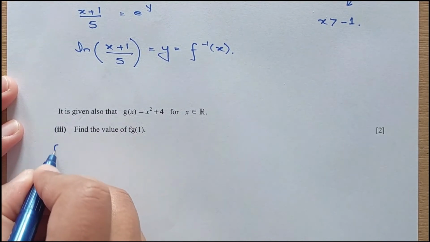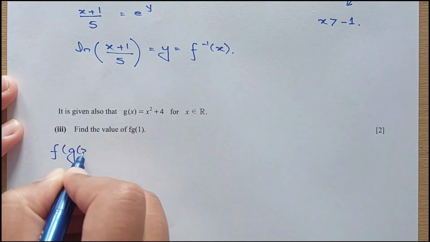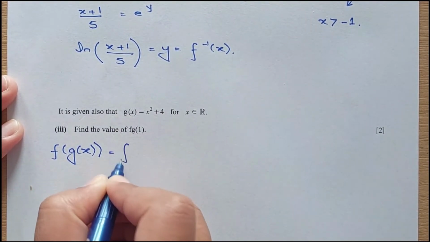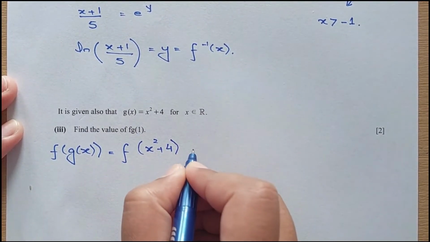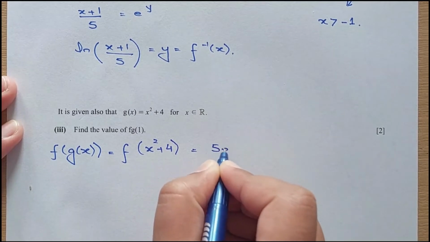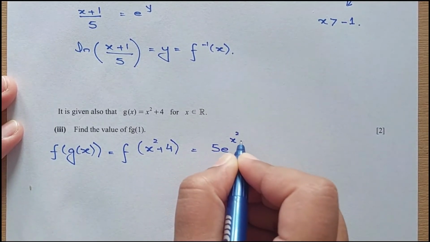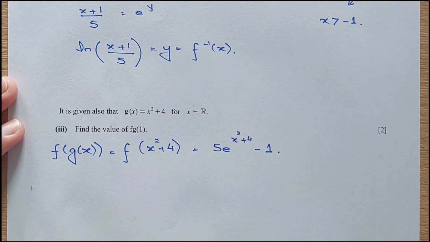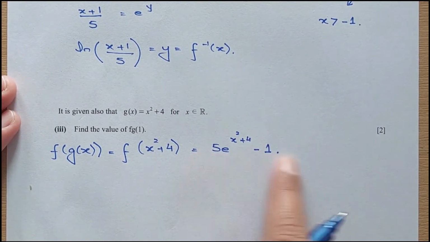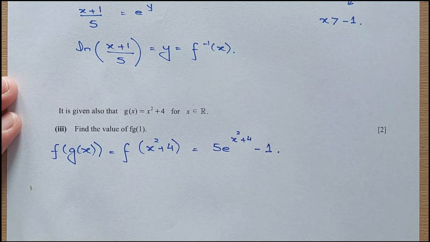First we need to find f of g of x. So g of x is x square plus 4, and f of x we have is 5 e power x minus 1, so f of g of x is 5 e power (x square plus 4) minus 1, right? This is the answer for f composition g.